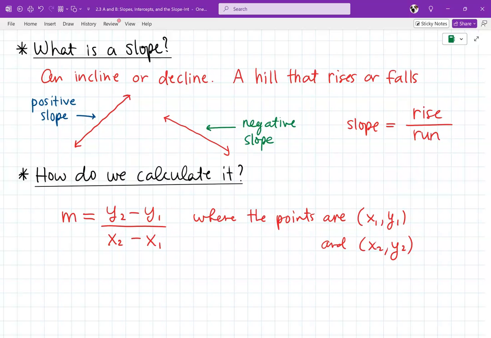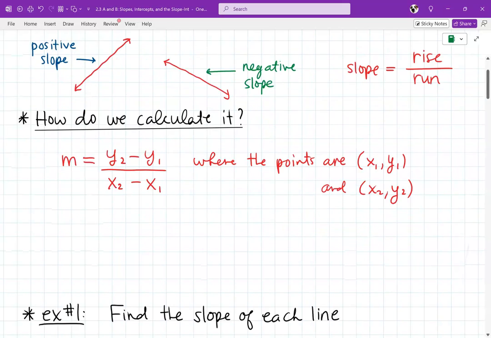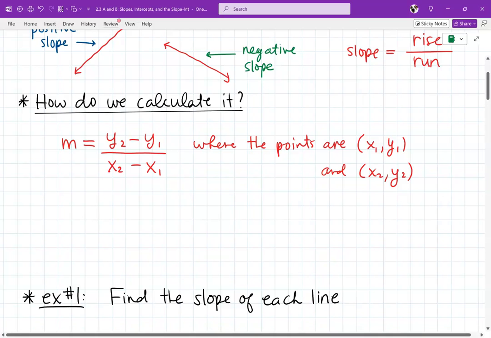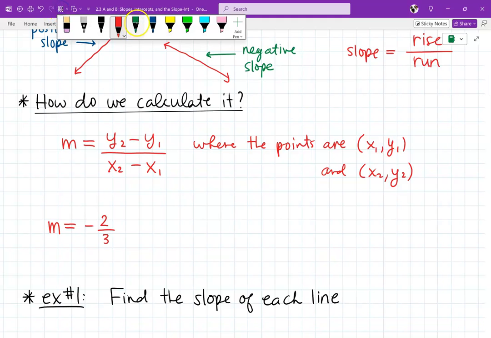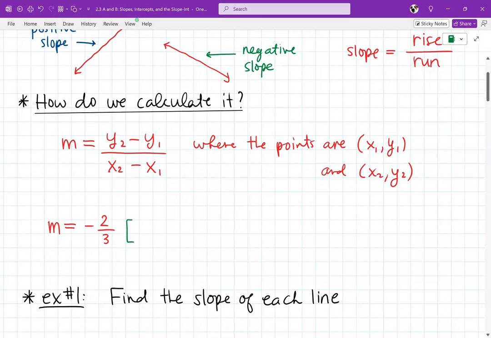Okay? Now remember, slopes can be positive, slopes can be negative. If the slope they give you is negative, so if you calculate it and it says like -2/3, that means what you're going to want to do is go down 2, then right 3.